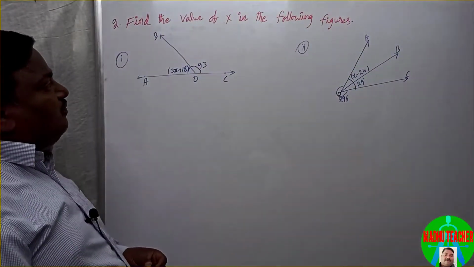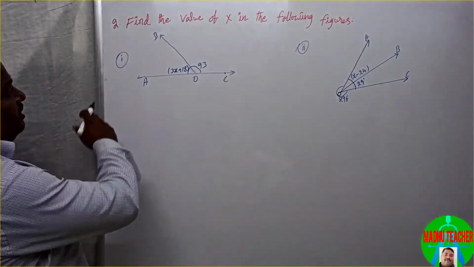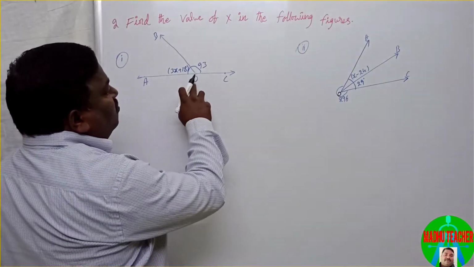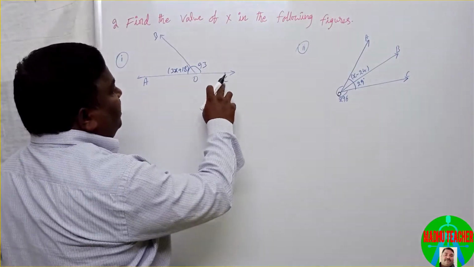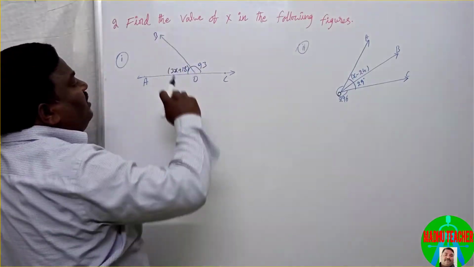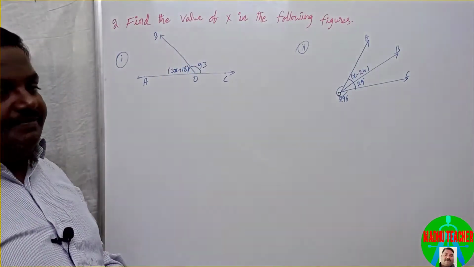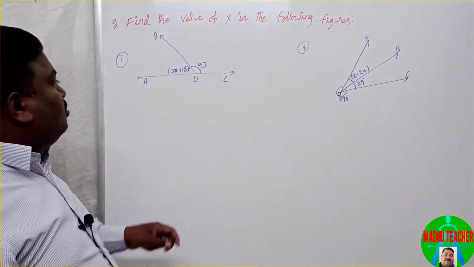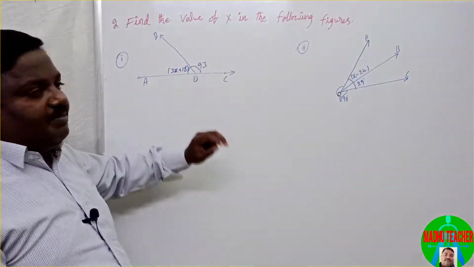Next, the second problem: find the value of X in the following figures. In the first one, AC is a line and OB stands on AC. They form two angles, and we know that these two are a linear pair.